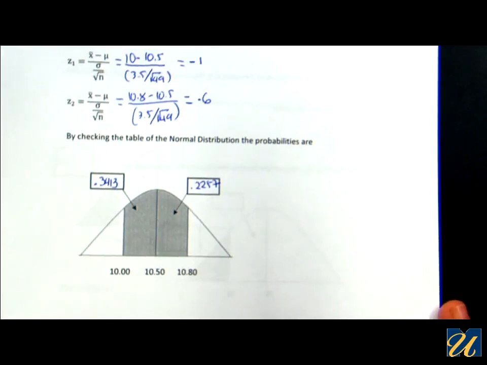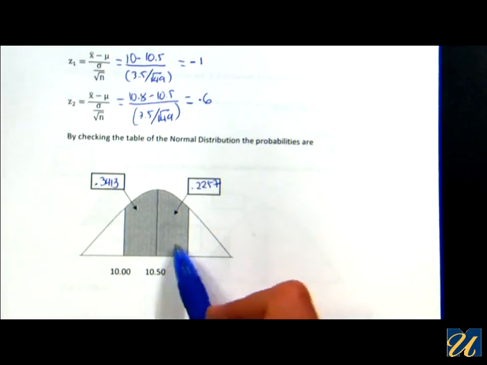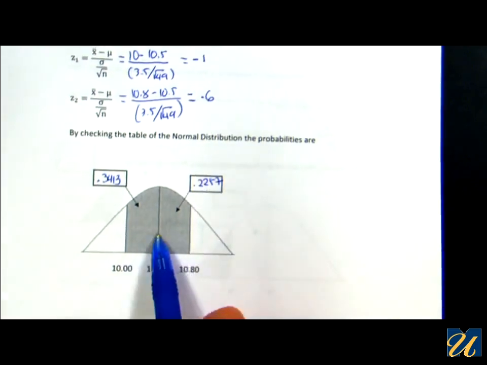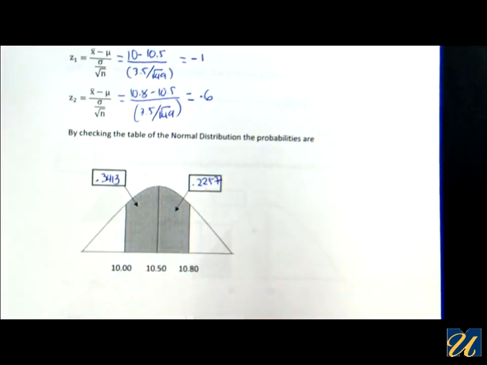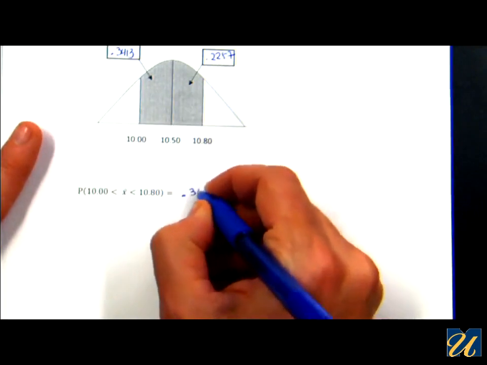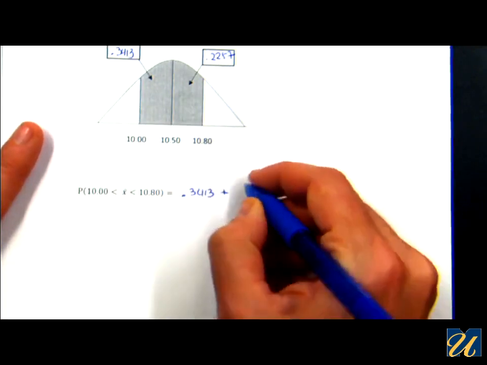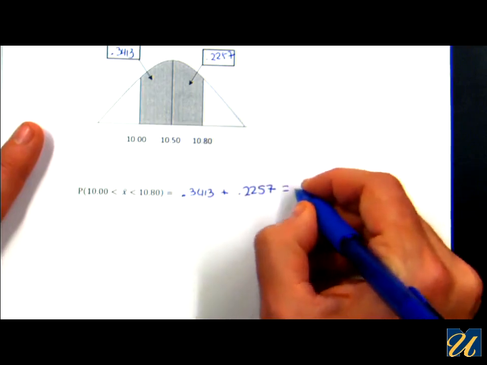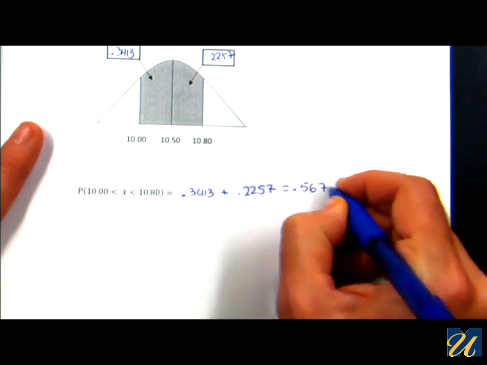The z-score for 10.8 is 0.6. 0.6 corresponds to the probability of 0.2257. Therefore, all we need to do is add the corresponding probabilities. So this will be equal to 0.3413 plus 0.2257, and this will be equal to 0.5670.